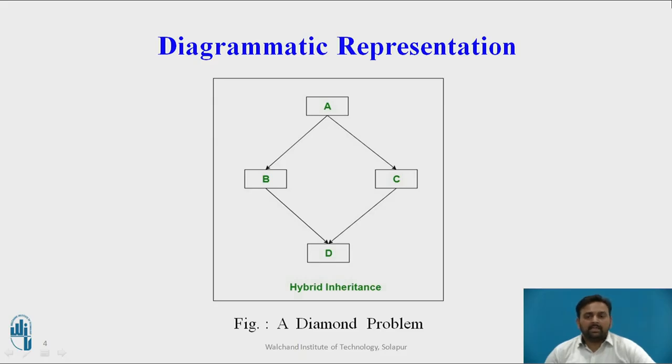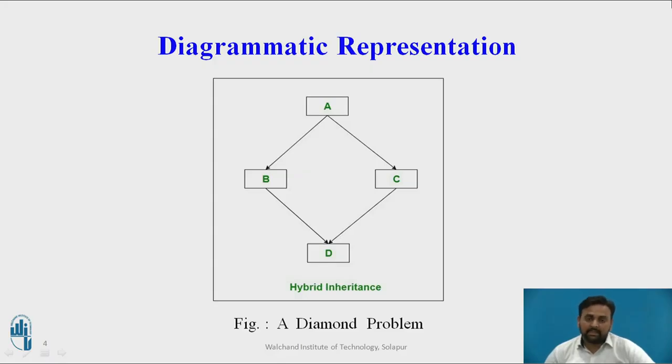So, this is the diagrammatic representation of hybrid inheritance. As you can see, B and C are extracted from A. If you take one example, B is extracted from A, this is single, and you can call it hierarchical also, and D is extracted from B and C. So, it is an example of multiple inheritance, and C is extracted from A and D is extracted from C, so it contains multi-level inheritance also.